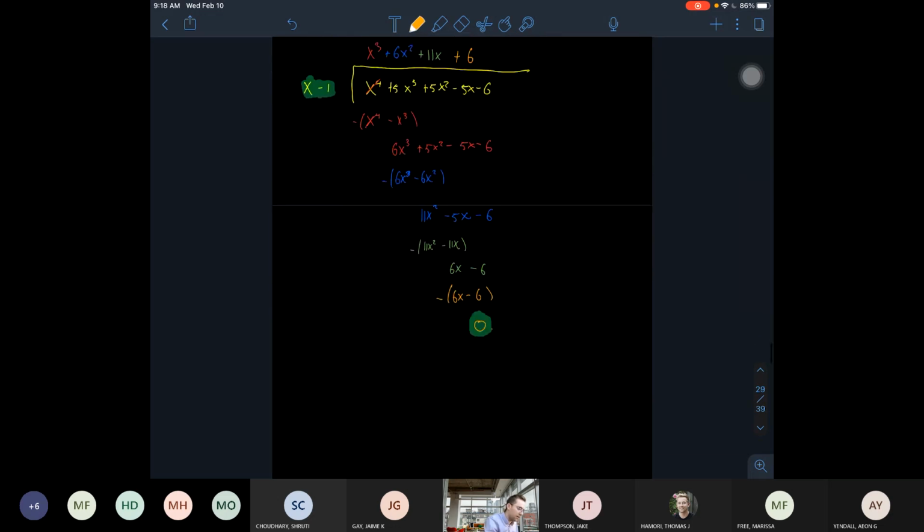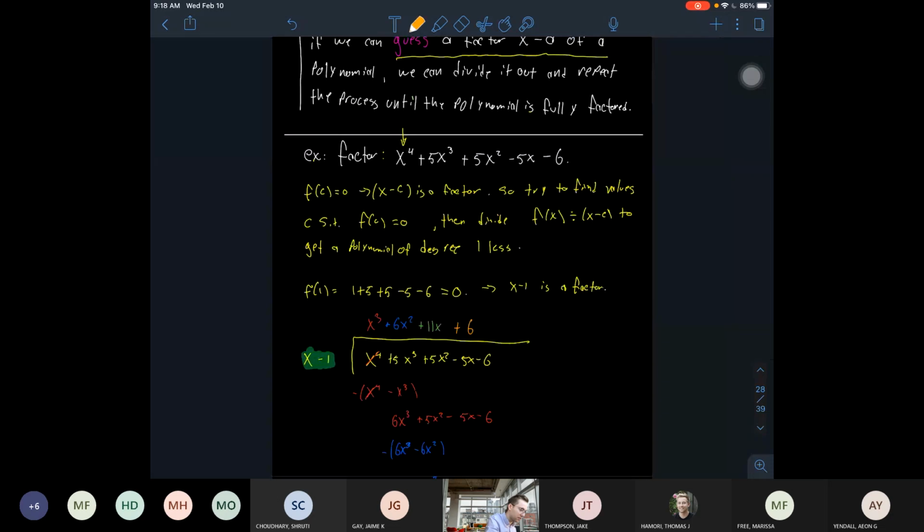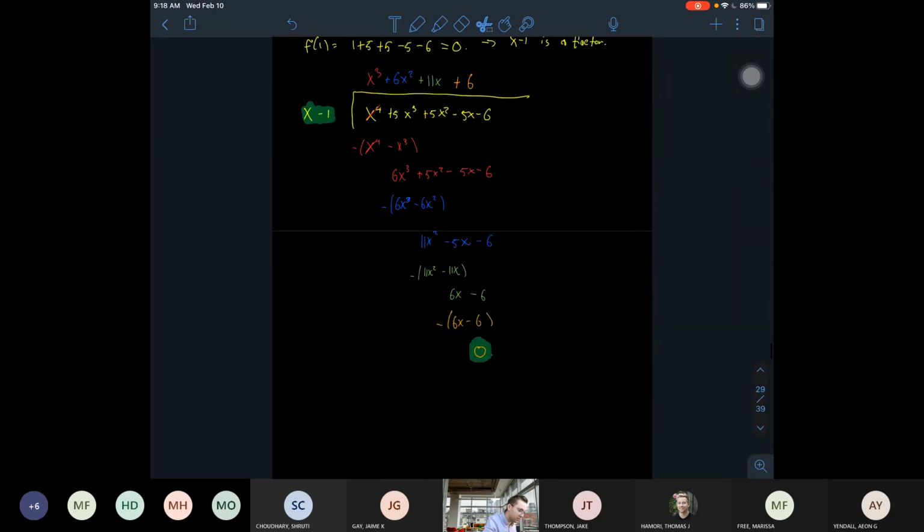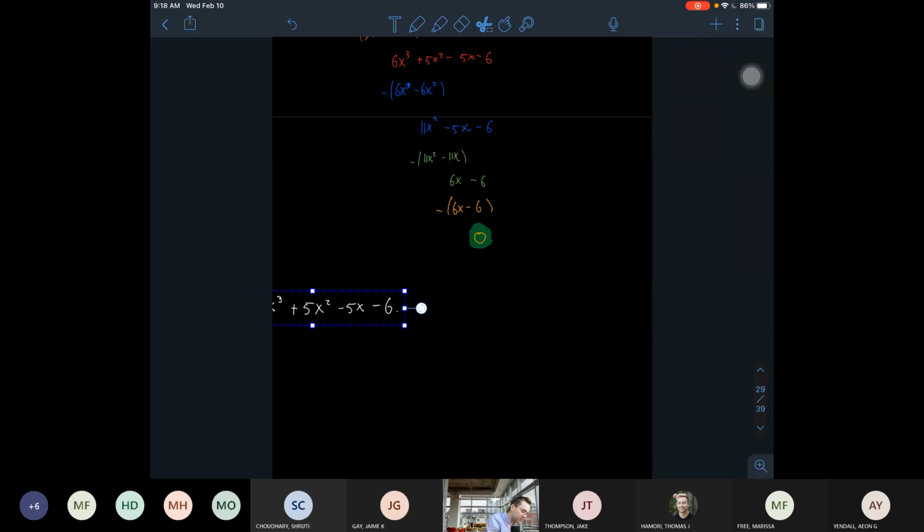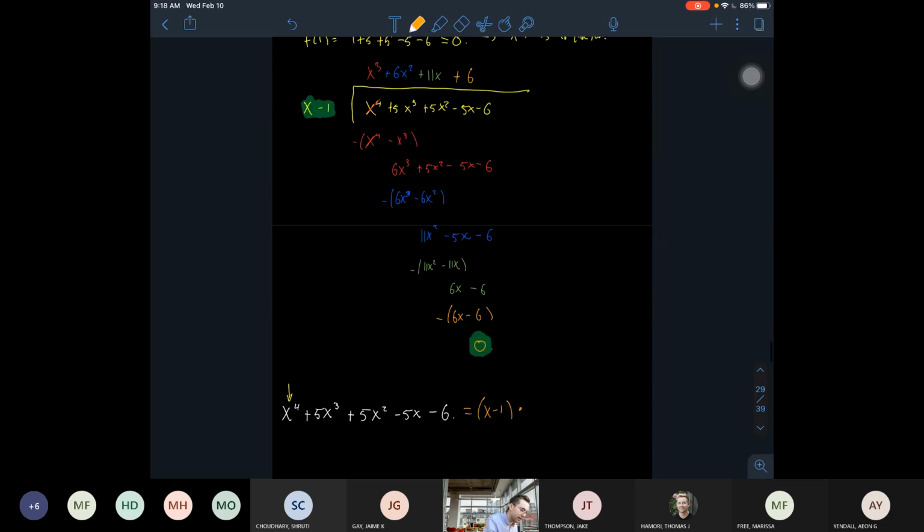I've said that my original polynomial is equal to x minus 1 times this quotient, x cubed plus 6x squared plus 11x plus 6.